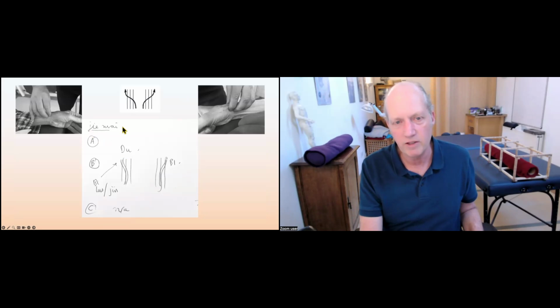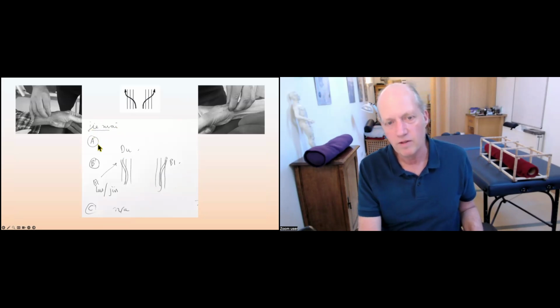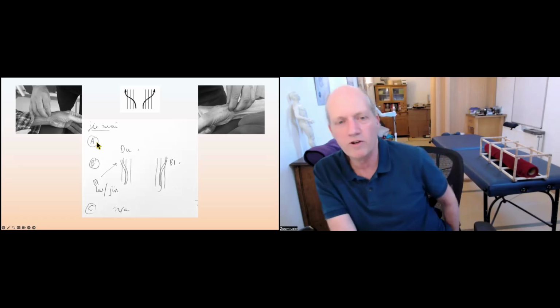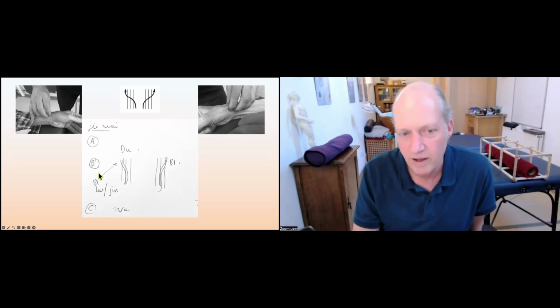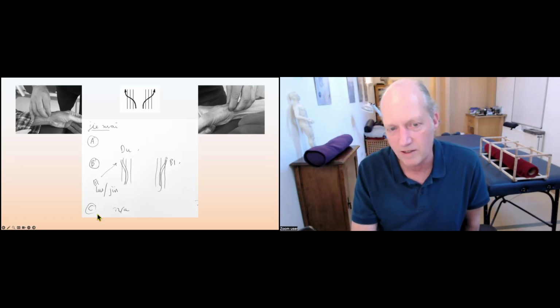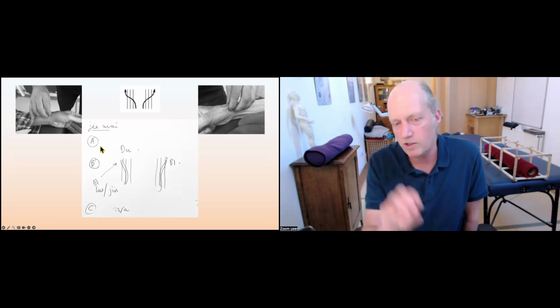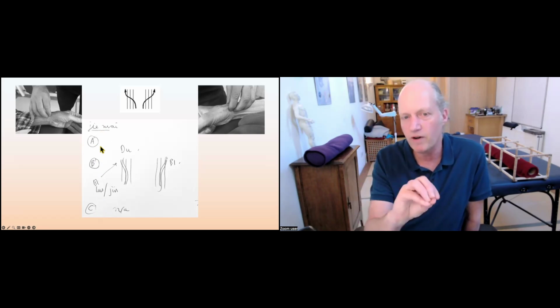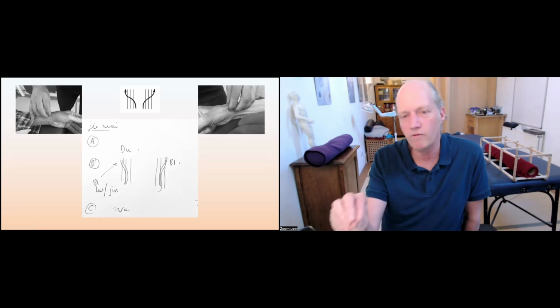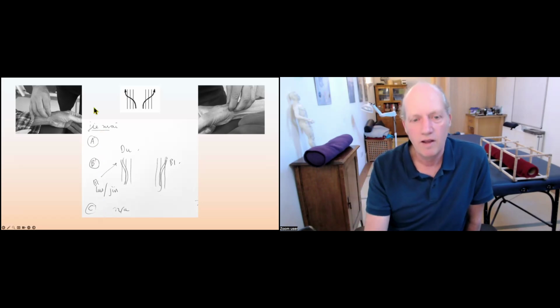Jie mai meant the overall feeling for A was knotted. So look, by the way, you don't have to do A1, A2, A3. You can just keep it simple and write it like this, A, B, C. So A was just that it was a knotted pulse. If I had been doing the numbers, it would have been 5 and 5 or 4 and 4, really strong. It felt like a du mai overall.